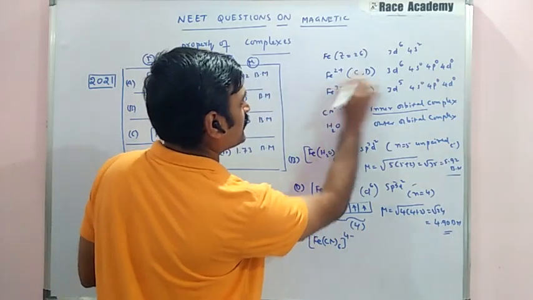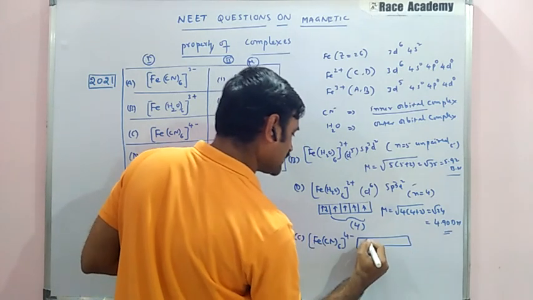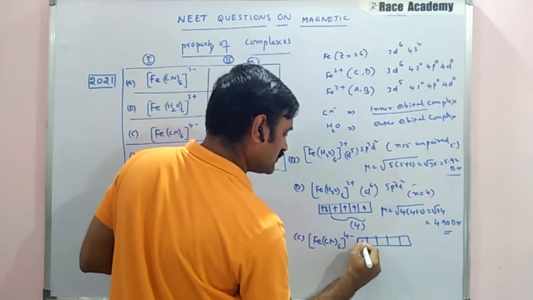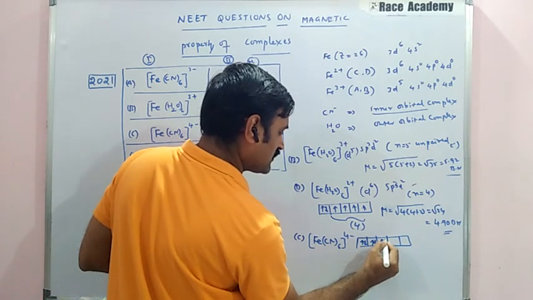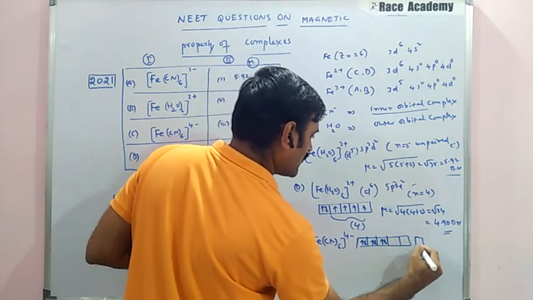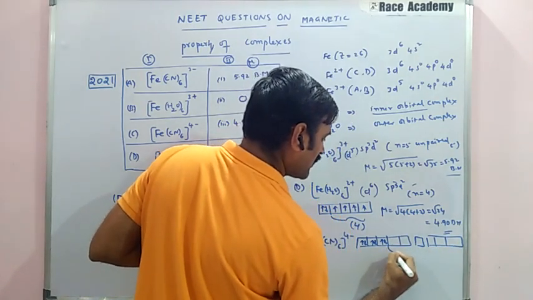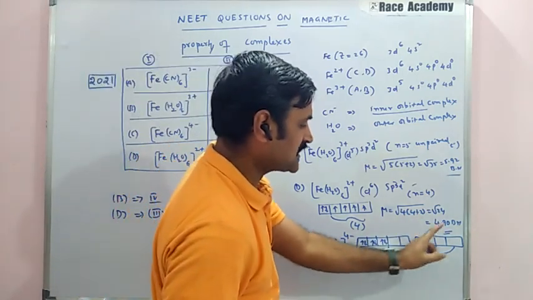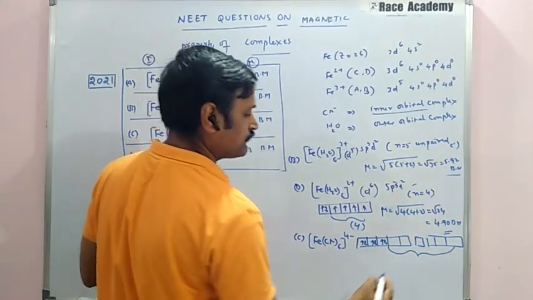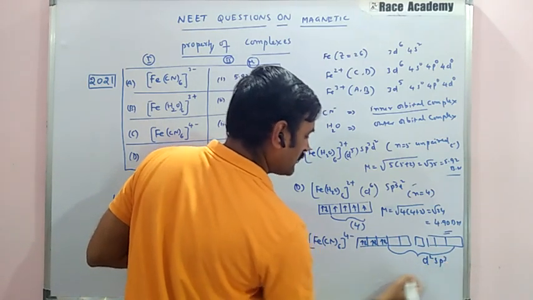In Fe2+ we have a d6 configuration, which gets rearranged. We utilize 2 d orbitals from the inner shell, 1 s orbital from 4s and 3 p orbitals from 4p, giving d2sp3 hybridization.